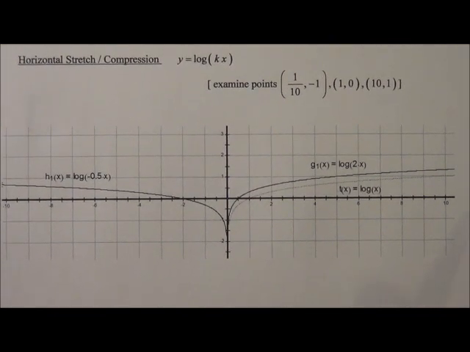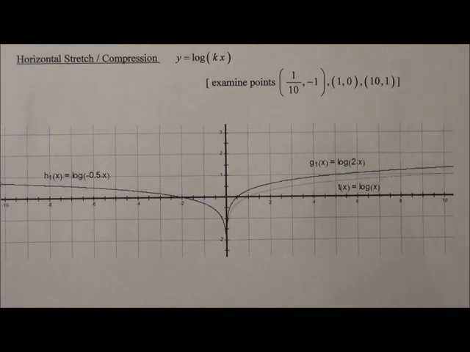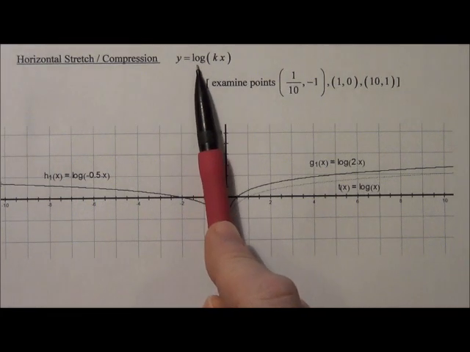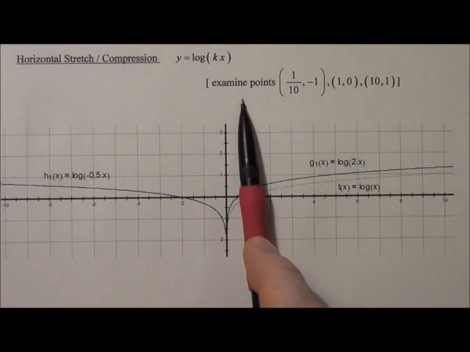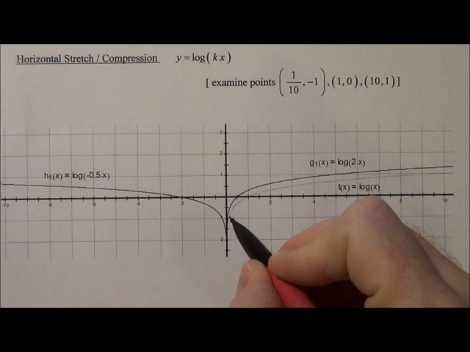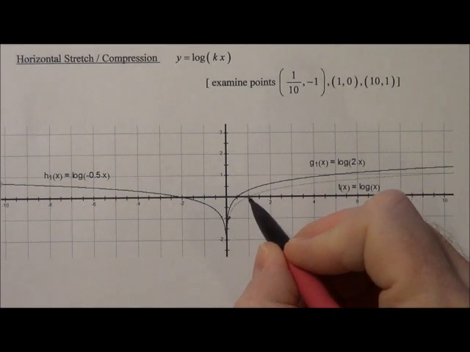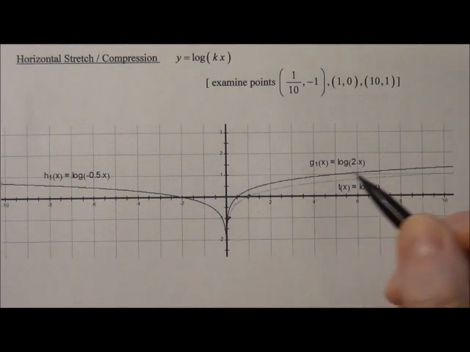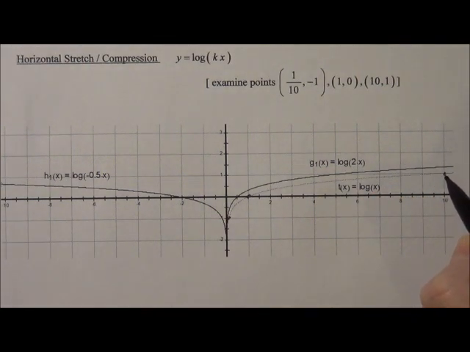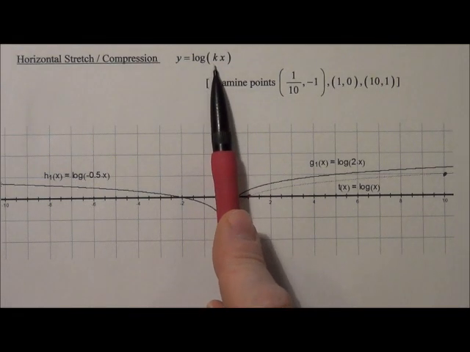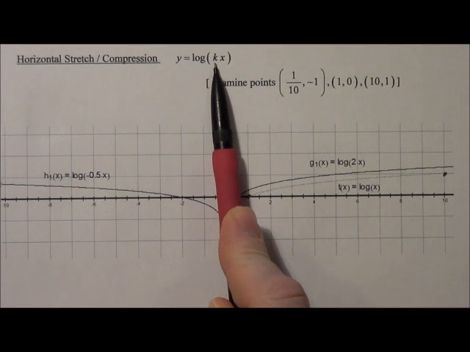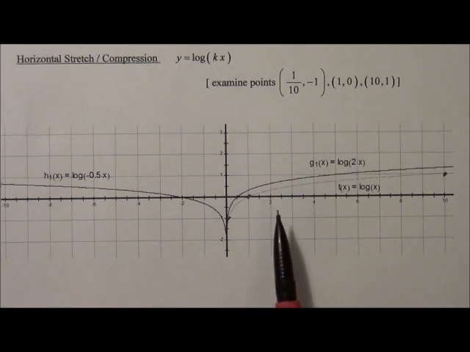And for the horizontal stretch or compression, the form of the equation is y equals log kx. Again, we'll take a look at these main points of (1/10, -1), (1, 0), and (10, 1). Remember that that k value will divide all the x values.